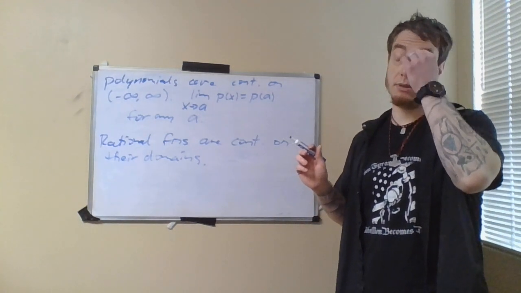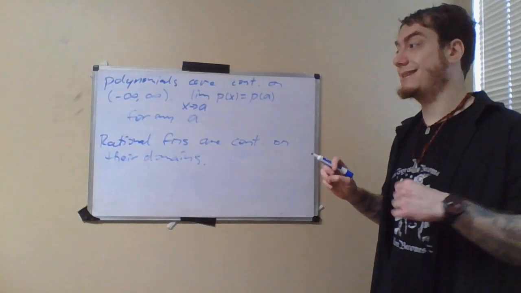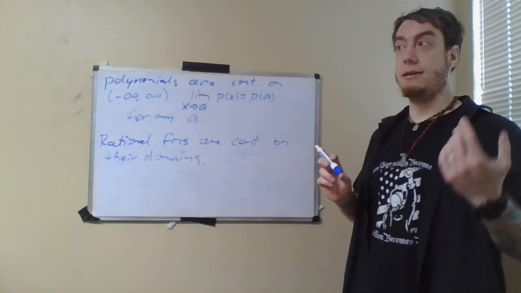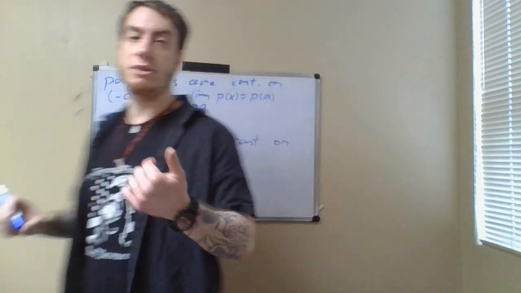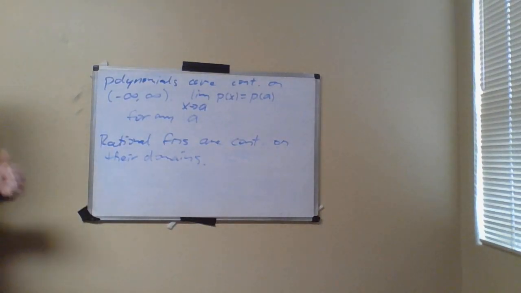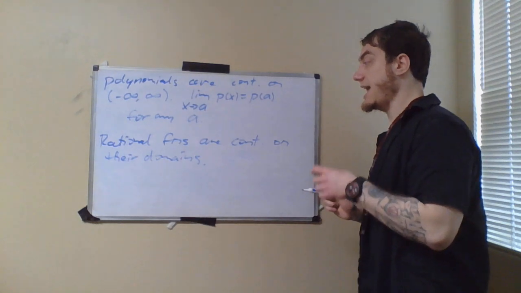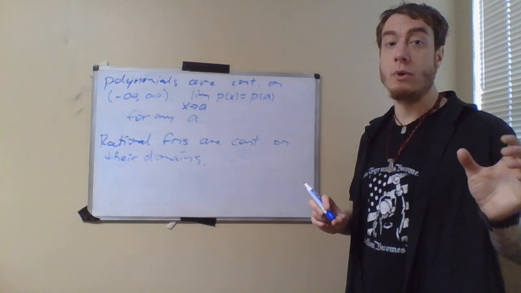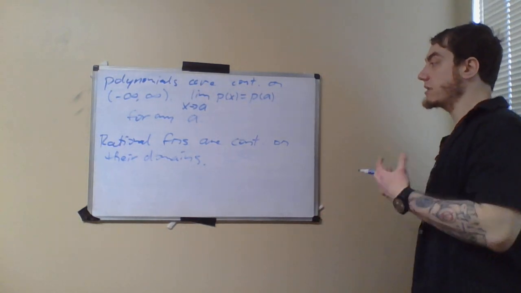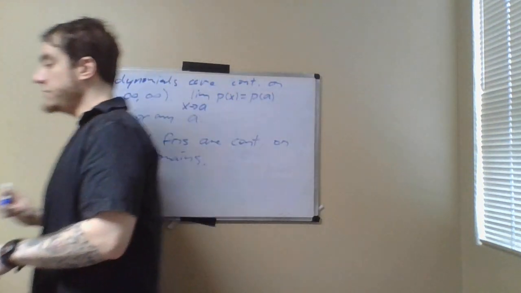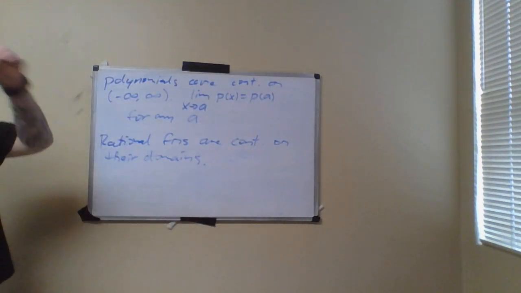It might not necessarily even be continuous on the entire domain, but it at most can be continuous on its domain because one of the requirements for continuity is, oh, this thing actually has to be defined at this point. Okay, so that is a very important part of this. This is as much as it could ever be continuous.